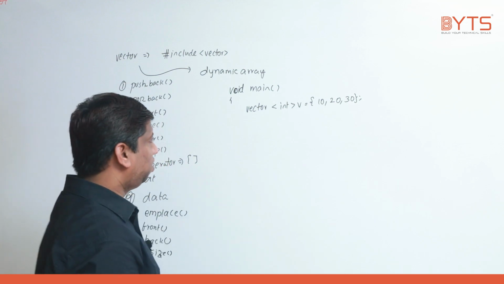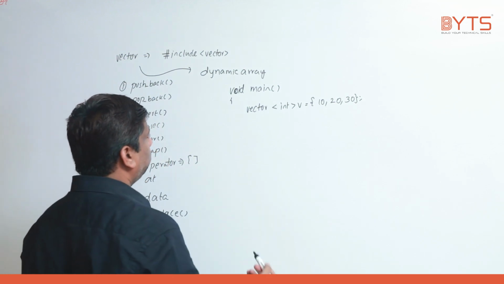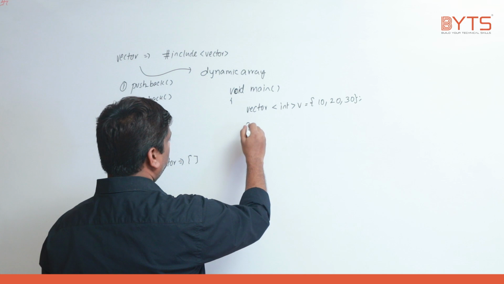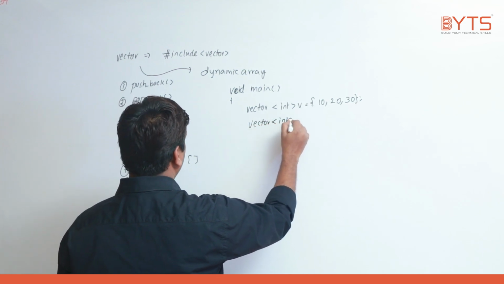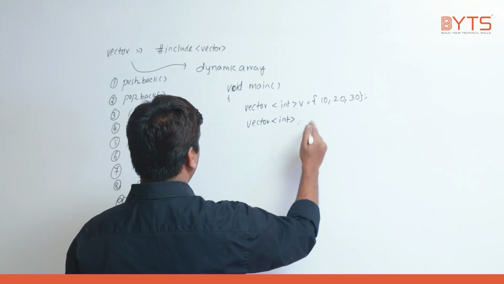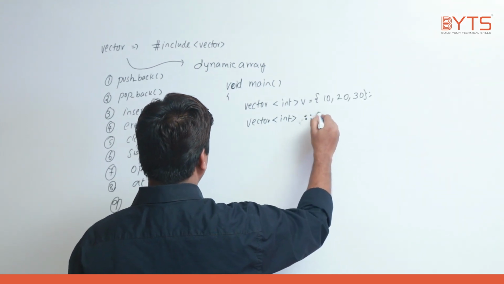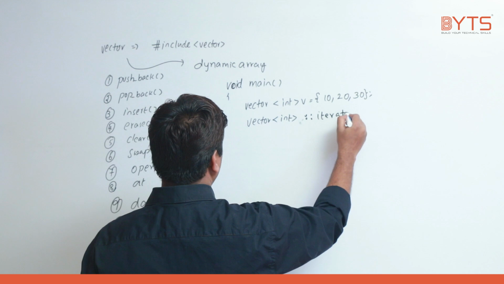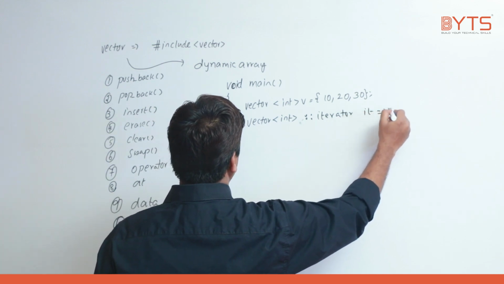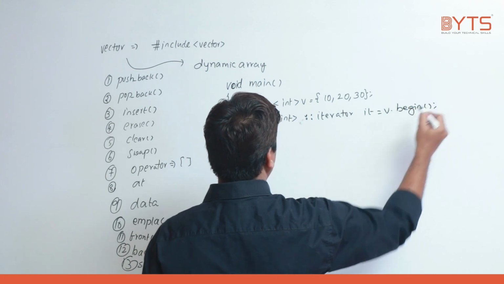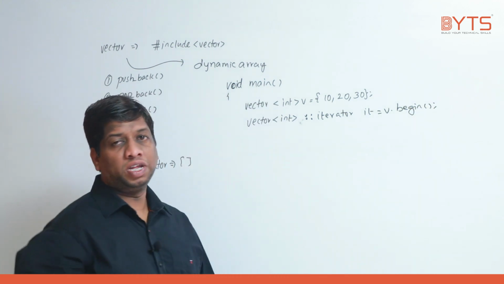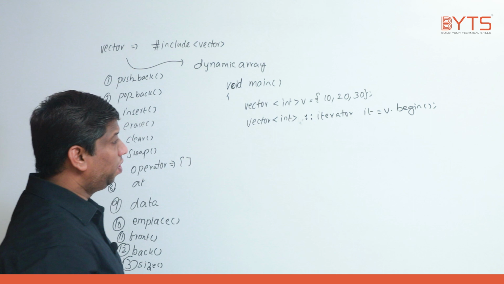First, try to understand. vector<int>::iterator it = v.begin(). Means what? Iterator will point to the beginning of the vector.